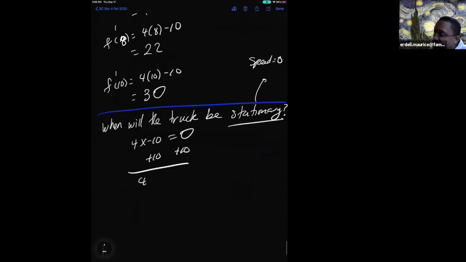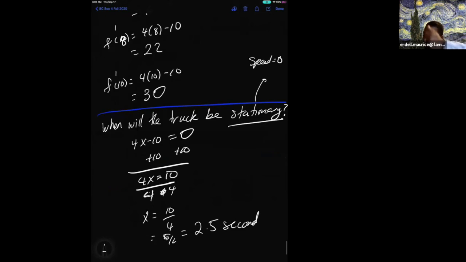So 4x is equal to 10, divided by 4. x is equal to 10 over 4, which is 5 over 2, which is 2.5 seconds. At 2.5 seconds into this journey, the truck will not be moving.